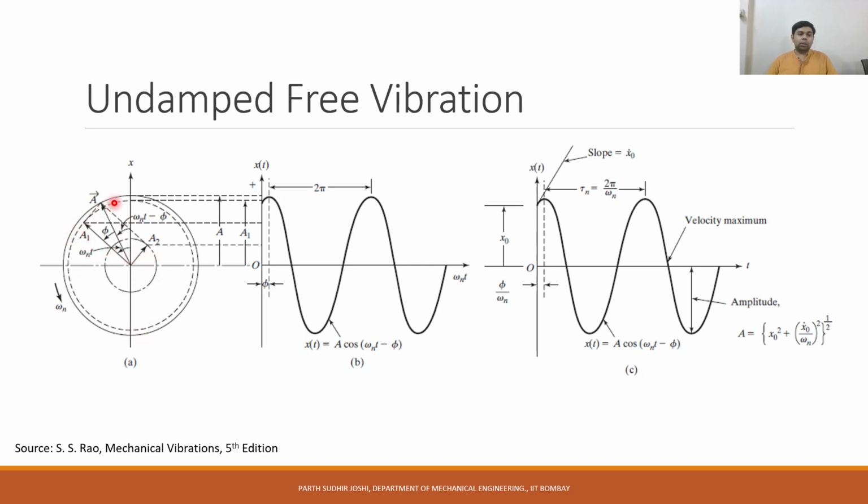So we can draw another phasor which is an angle phi apart. So then we can write the resultant angle that is made with the x-axis as omega n t minus phi. So if we follow this phasor which is at angle omega n t minus phi, and project this motion onto the x-axis, then we will get a curve of this form.